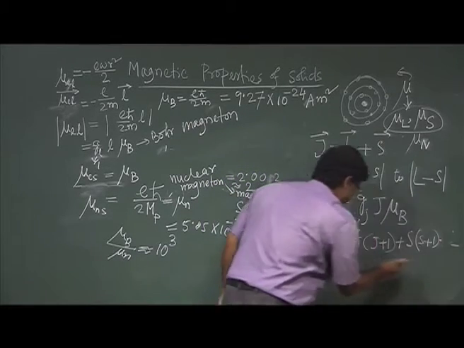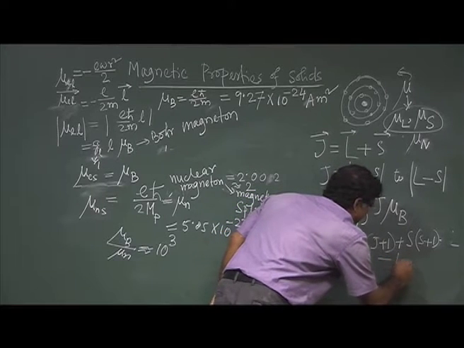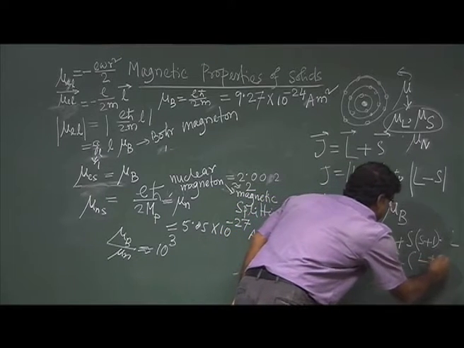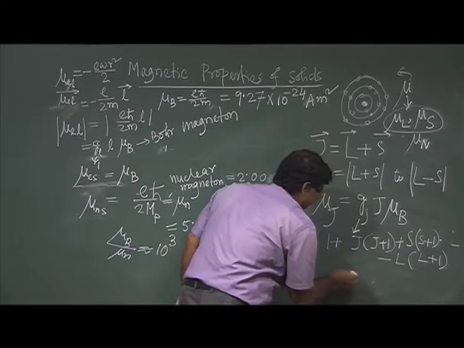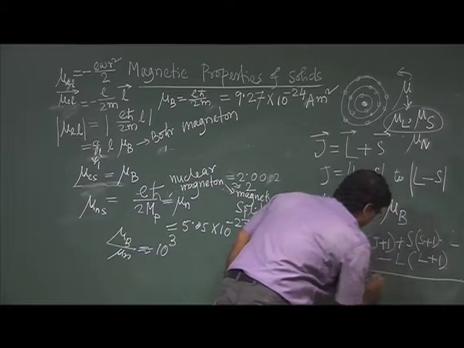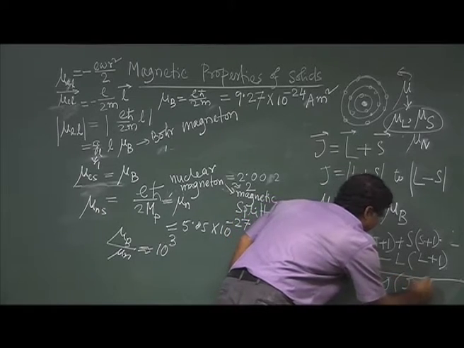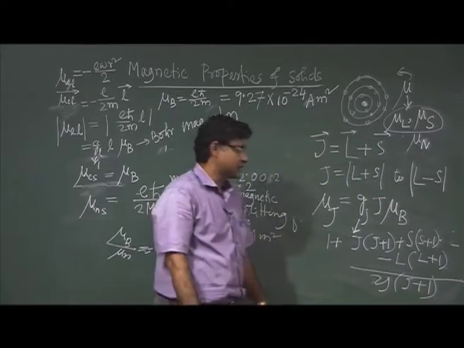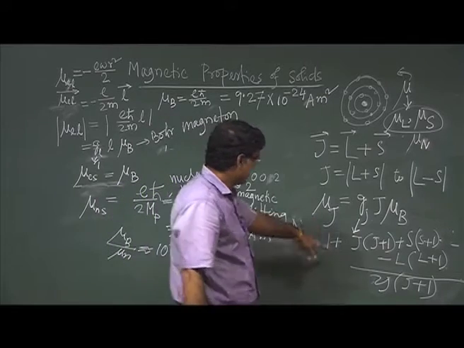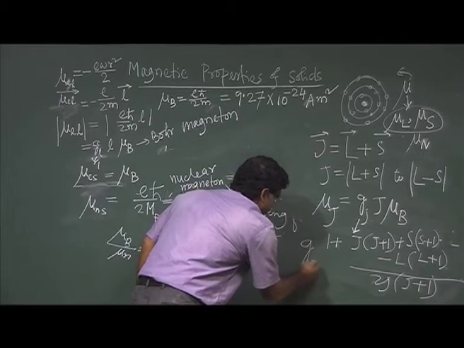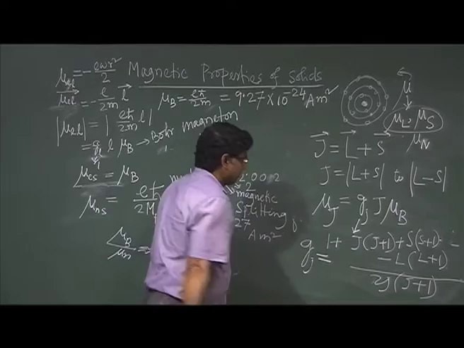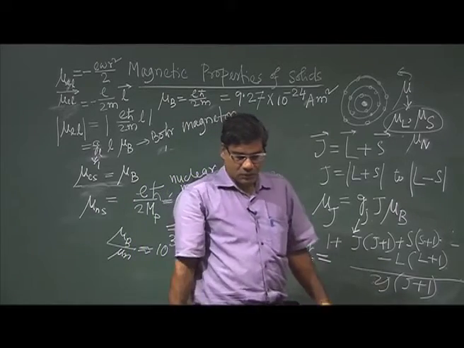I think I should write minus L(L+1) here. So, that is the g_J value.